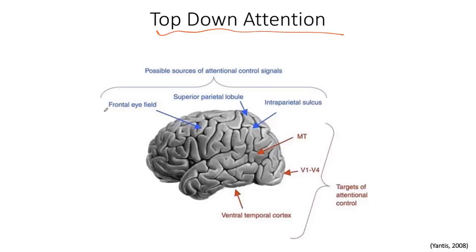These are parts of the motor cortex involved in controlling eye movements, and controlling eye movement is critical for controlling attention. We have the superior parietal lobule and the inferior parietal lobule. It seems these parts are doing the attentional control, and they control what we call the targets of attention.